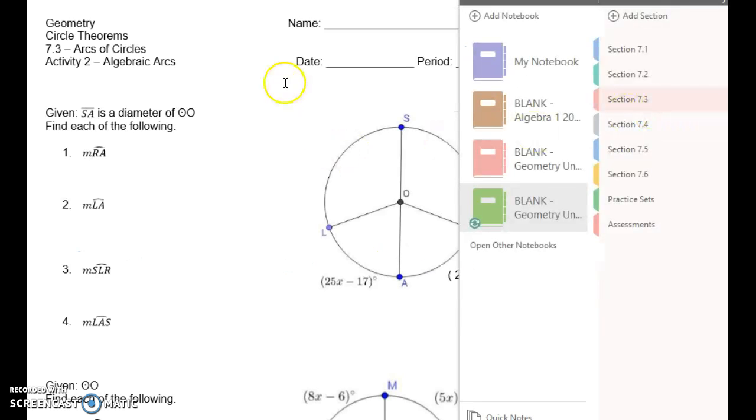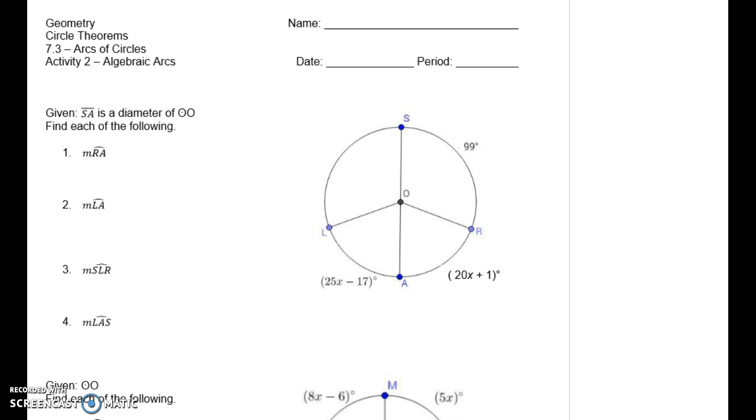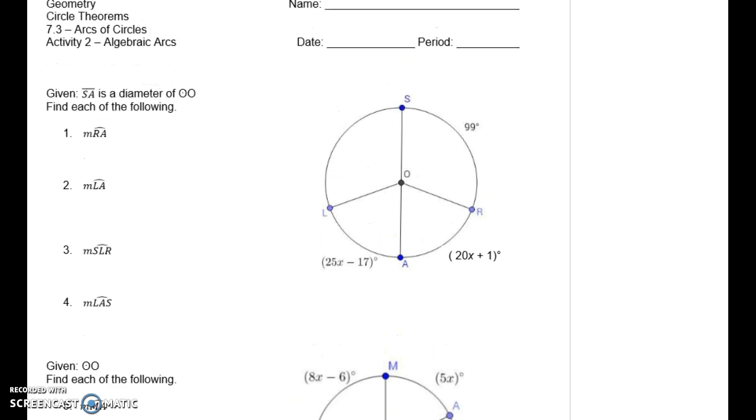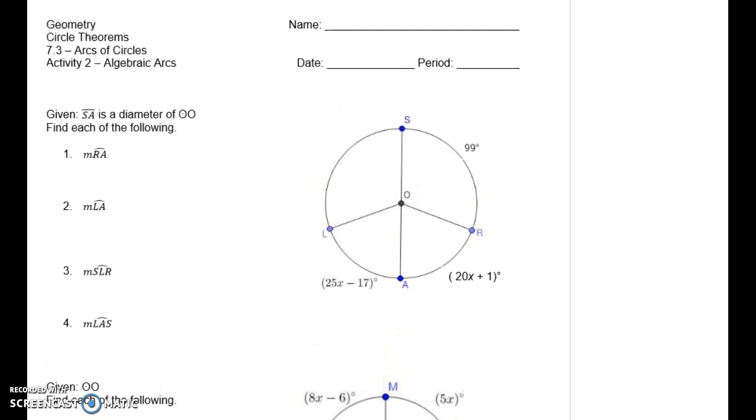So let's put this into action. Looking at number 1 through 4, this is a basic illustration of all the pieces. We have 4 different arcs that we're trying to find. We know that SA is a diameter of the circle. A diameter goes straight through the center of the circle and divides it into 2 equal halves, so on one side of this diameter we have 180 degrees, and we have the same on the other side as well.